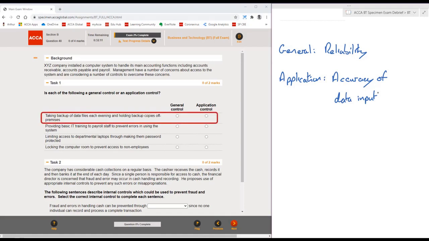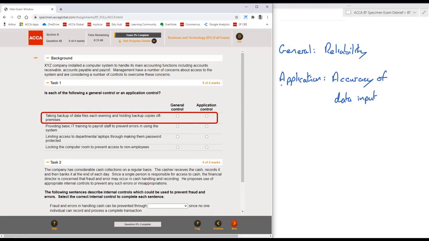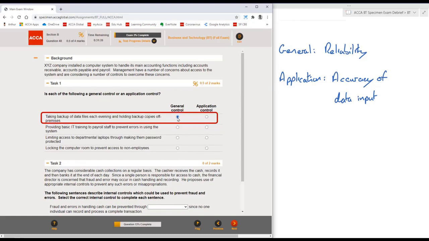Taking backup of data files each evening and holding backup copies off premises, is that general or application? Well, that feels much more like a system integrity control, so definitely a general control for the first one. I'm going to leave the second one for a moment.